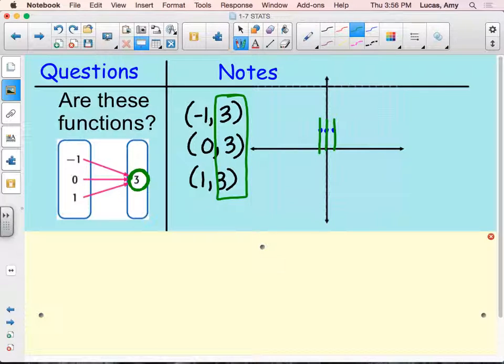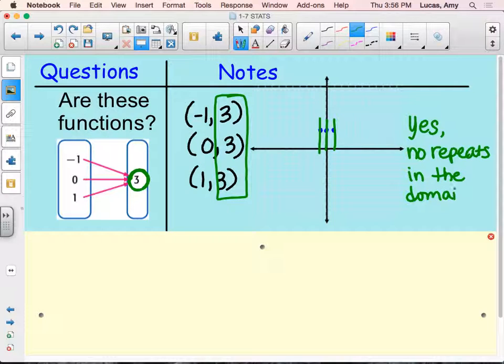It's just the domain that cannot repeat. So yes, this is a function because it passes the vertical line test, or I could say there are no repeats in the domain. That's what I'm looking for when I look at a mapping.